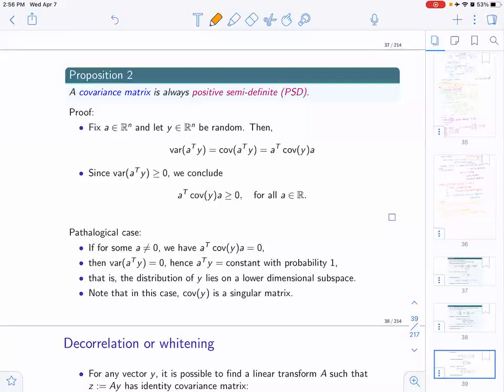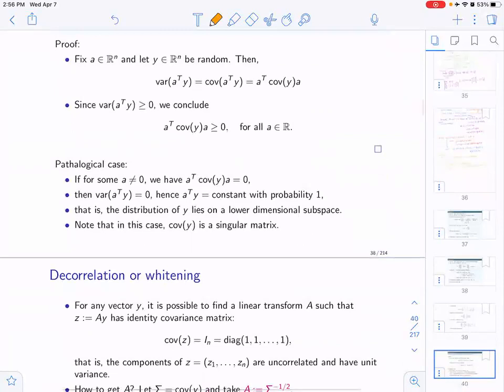It's always greater than or equal to 0. If you form these quadratic forms, this is a quadratic form, for any a, this would be non-negative. That's the meaning of the matrix.